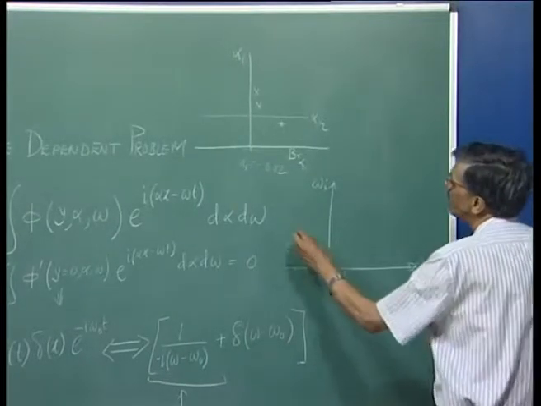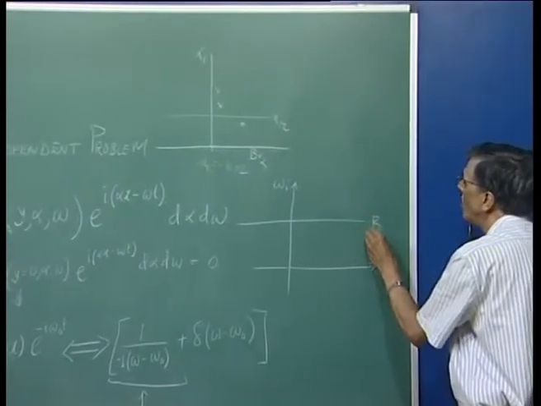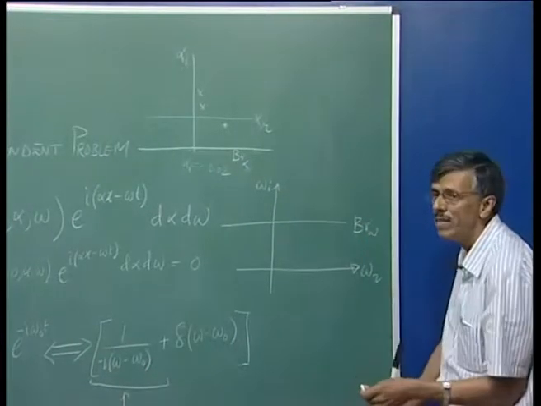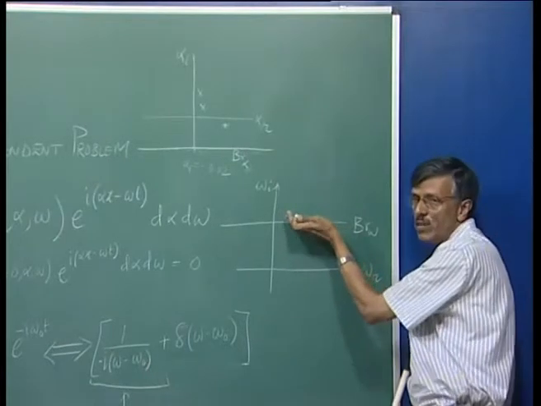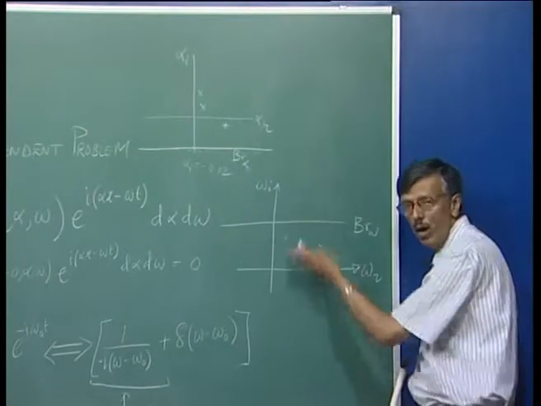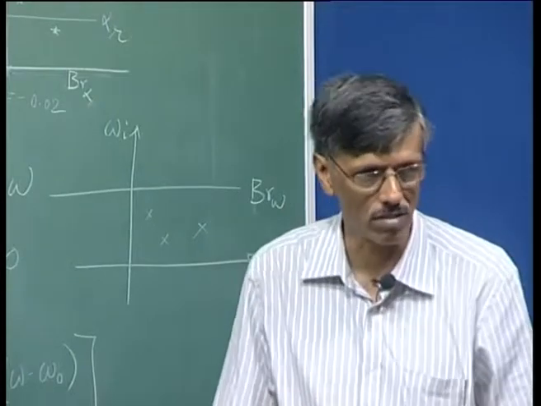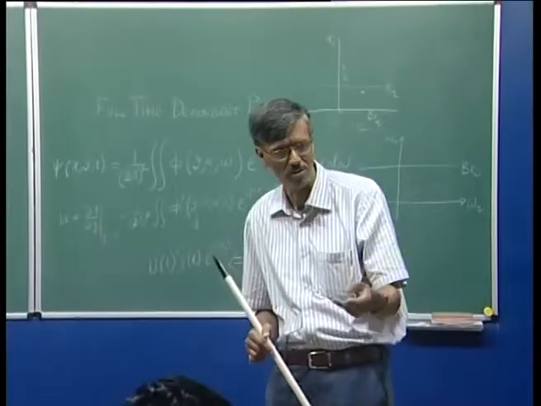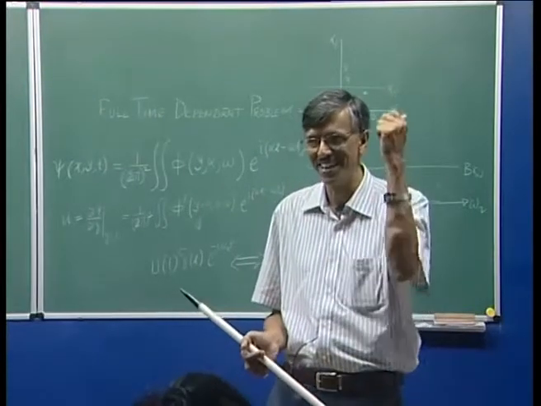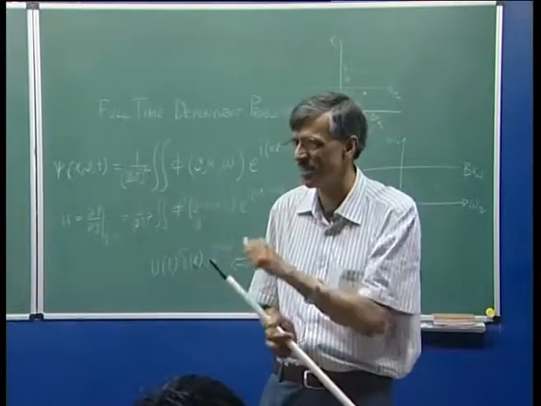So, what we would essentially do is choose a Bromwich contour in the omega plane that is going to be above this. What does it mean? We have positioned it in such a way that all the eigenvalues would be below it. Why can't we have any eigenvalue above it? That would be a disaster physically. You understand why? Because that would correspond to me starting an experiment now, and it has started affecting negative T. I have not even started, and things have started happening in anticipation of what we are doing.